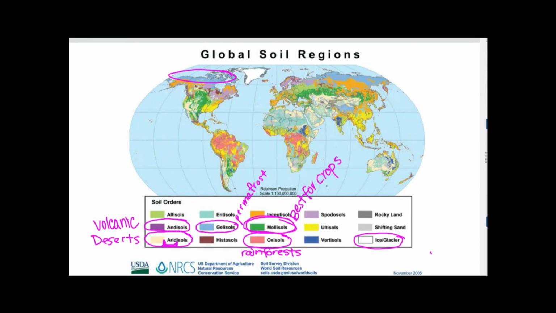And if you see, it's that bright green, right? And what is this area right here? Bright green, and that's where we grow most of our crops, right? The central United States. That's where we have our grasslands, and those are grassland soils. That's what they are. And so those are the best crop growing soils.